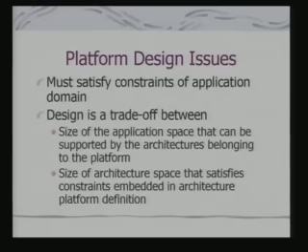So, there has to be a trade-off between the two, because if you are trying to address the entire application space, then you may not be left with the flexibility that can be provided to the final product developer, because your system may be complex enough to prevent further flexible features. So, design is basically a trade-off between these 2 aspects.